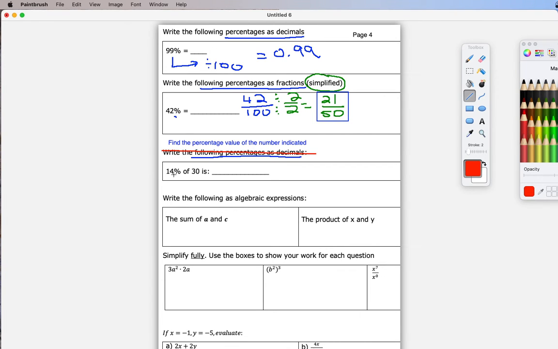So we need to find 14% of 30. So the first thing we should do is change 14% to a decimal. So if you divide 14% by 100, that gives you 0.14. And the second step we're going to do is multiply that against 30, and that's how we find 14% of 30.